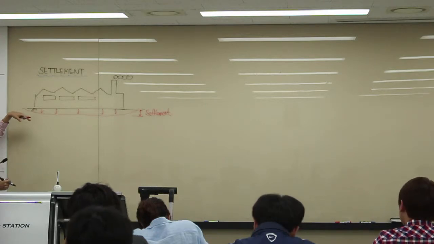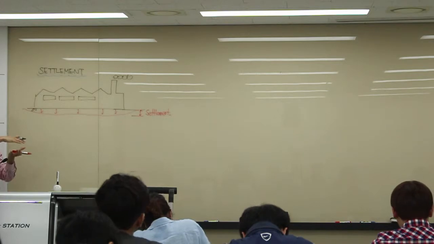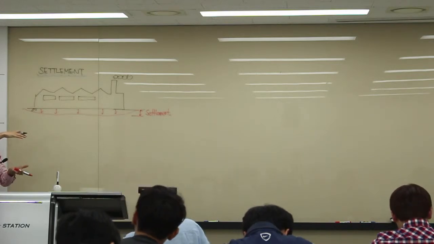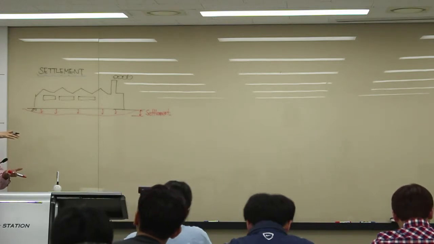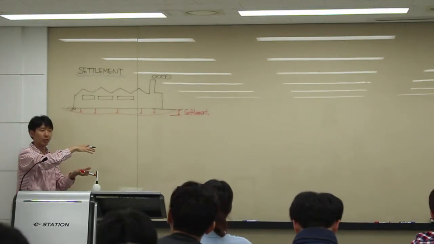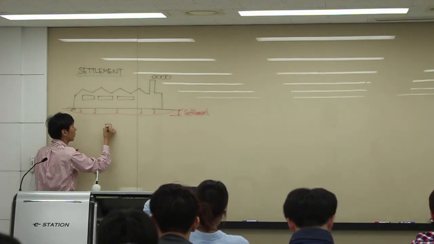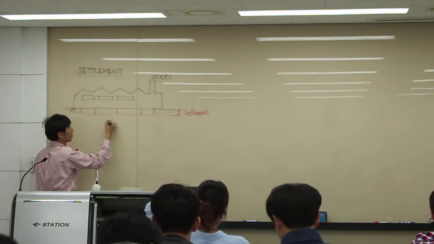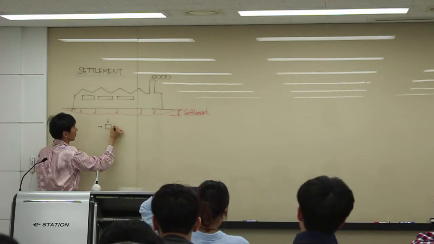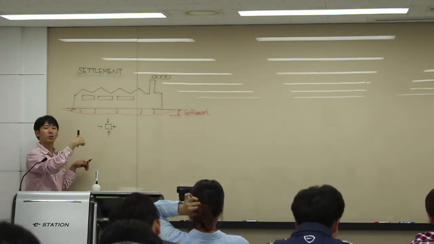So you can think that the soil, to a certain depth, or a thick soil layer, is getting compressed because of the additional force, the additional weight of this structure. So when you look at the soil mass here, before, there will be an effective stress, the vertical and the horizontal effective stress.